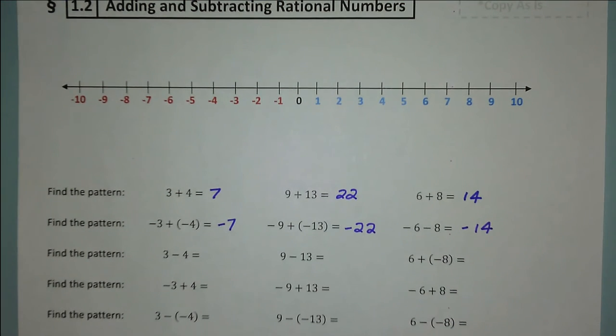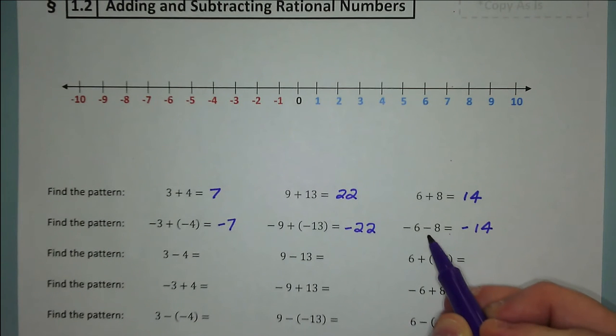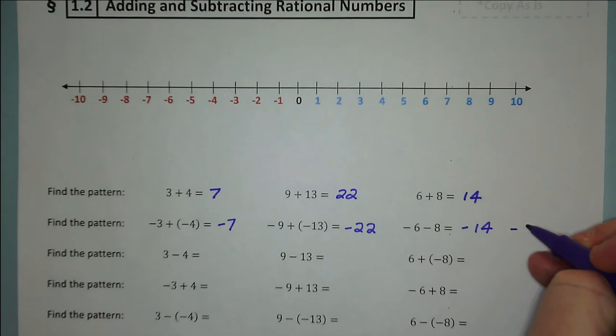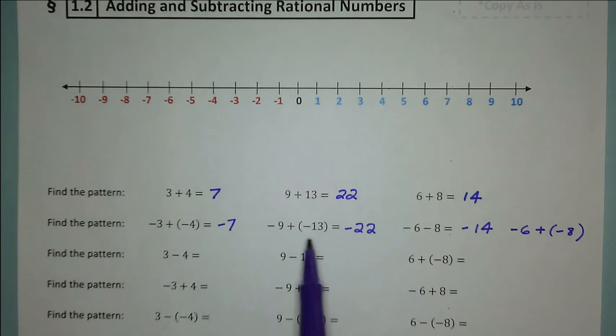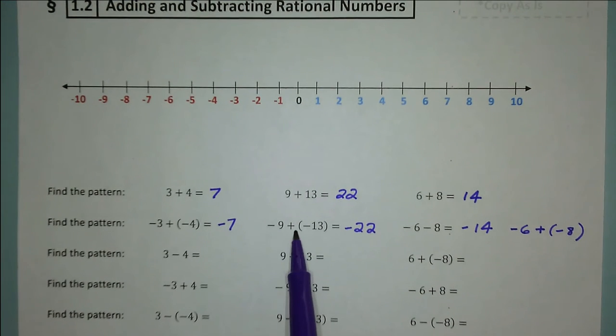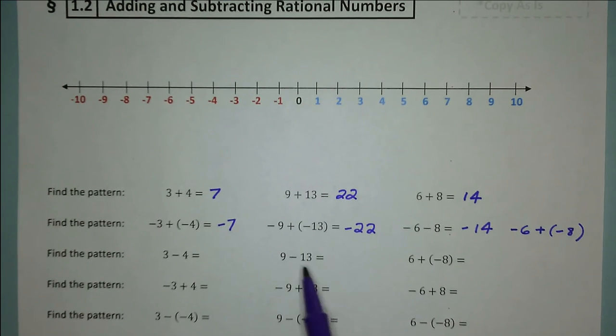In other words, adding a negative number is the same as just subtraction. So here, negative 9 plus a negative 13, that's the same as just doing negative 9 minus 13. I hope you know that.